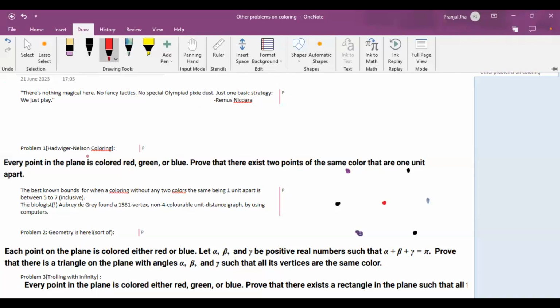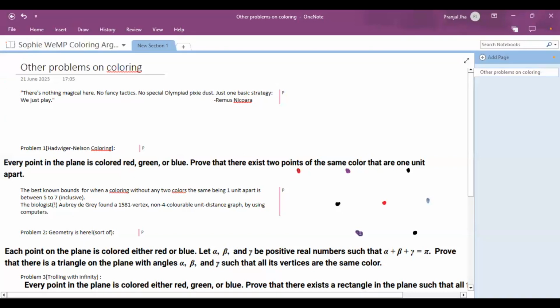So the point is, as my quote says here from Remus Nicola, that we just follow the same strategy. We continue playing with it. Then this has to be red, right? Because this is again 1 unit. Most of the stuff is either 1 unit or 3 units. This whole thing is an equilateral unit length triangle.